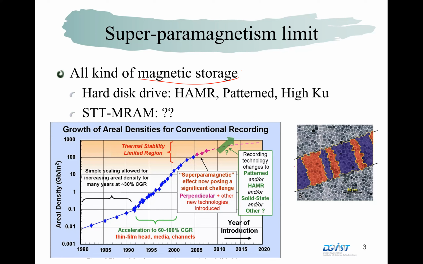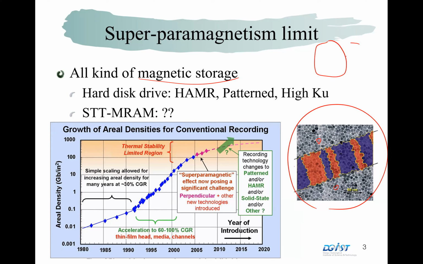For example, this is the surface of a hard disk drive, and this small area is each grain, and this white boundary is a kind of phase segregation between grains. Each grain is very weakly coupled to the next grain.